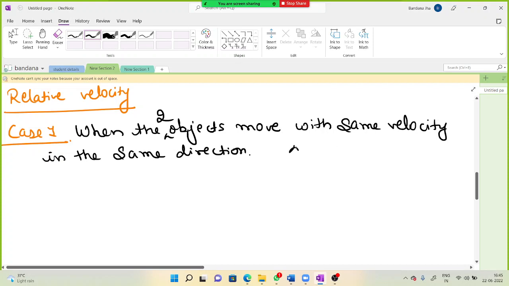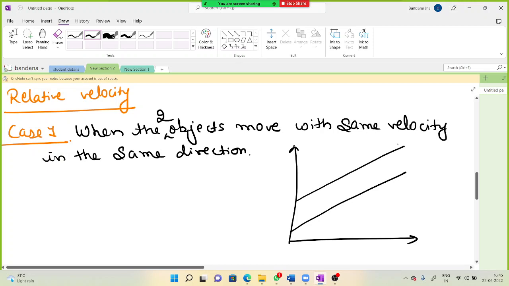If I draw a graph, it is very easy for you to understand. Both bodies are moving with the same velocity and in the same direction. This is your body 1 and this is your body 2. Suppose the positions are x1, x2, x3, x4, like this, and this is your time.